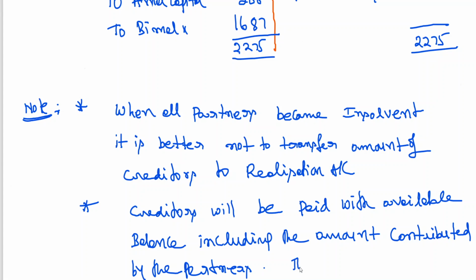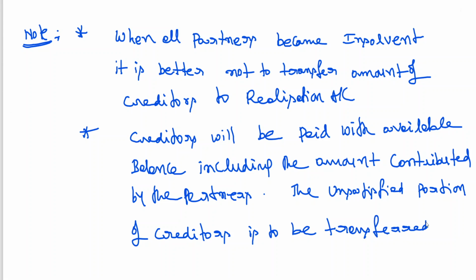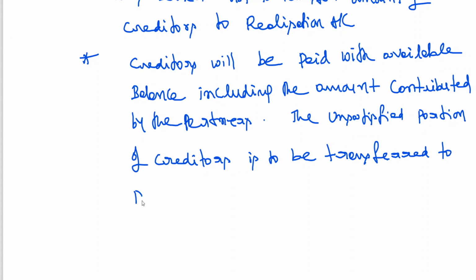The unsatisfied portion of creditors is to be transferred to deficiency account.